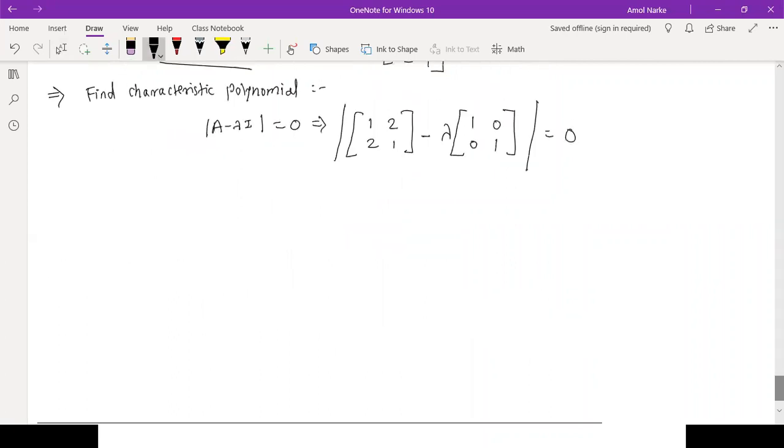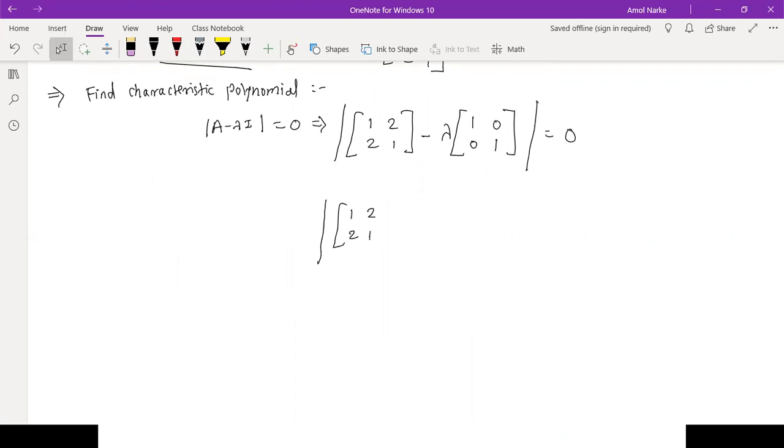So you will get the matrix 1 2, 2 1 as it is, minus lambda multiplied inside. If I do the subtraction, I get the determinant of 1 minus lambda, 2, 2, 1 minus lambda, which is equal to 0. Yes or no? You don't agree with this?